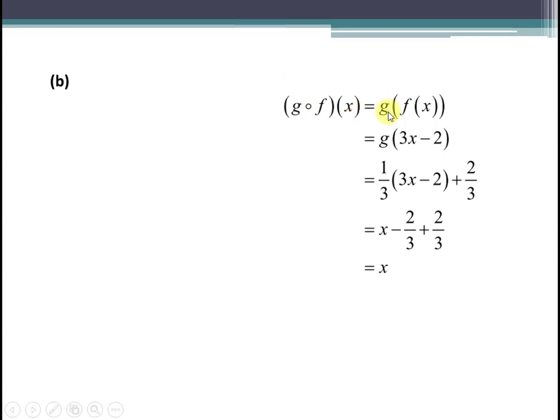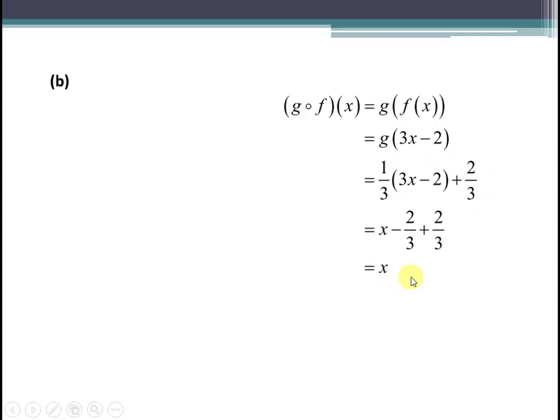So it means in function g, instead of x, we should put what? F of x. G of 3x minus 2 is equal to 1 over 3 times (3x minus 2) plus 2 over 3. When we simplify this expression, we have the answer x.